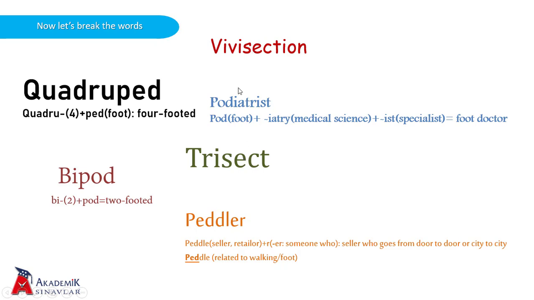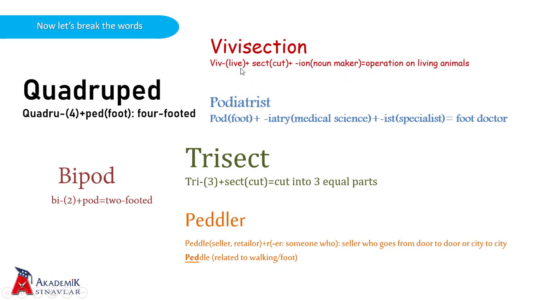Look at next 2 words. These 2 words are a bit different because the root is sect. What was sect? It meant cut or part. Now, trisect, you can guess it, means to cut something into 3 equal parts. Next word is vivisection. Do you remember viv and sect?